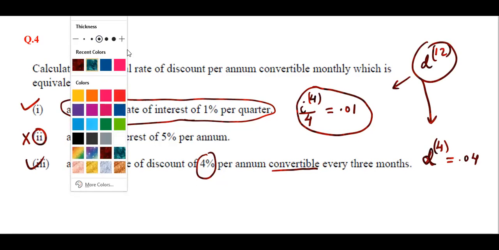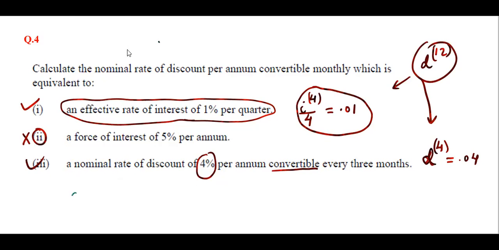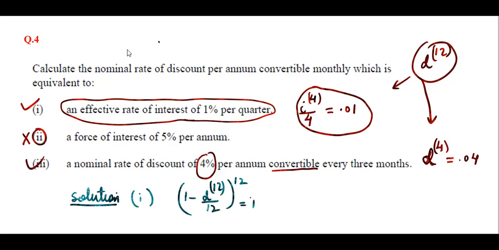So what you need to do is start with the first one. You need D12, so I'll write D12 to the left hand side. 1 minus D12 by 12, I need to write, power 12, that is 1 minus D. 1 minus D also I have to change to 1 minus 1 plus I power minus 1.